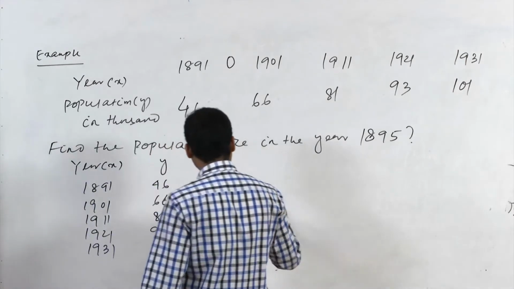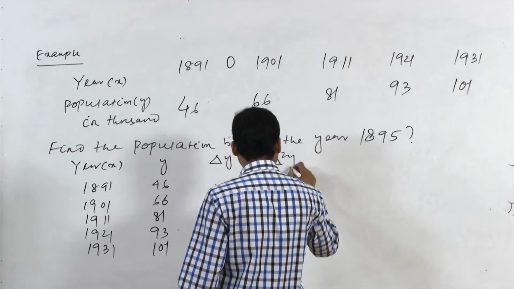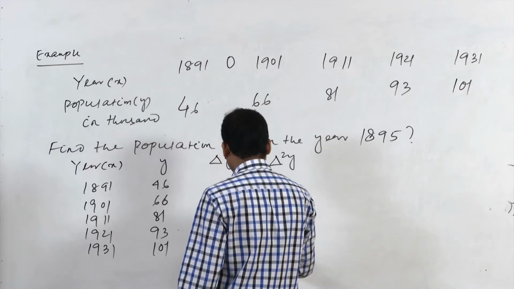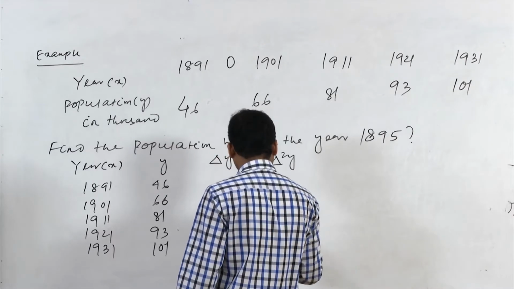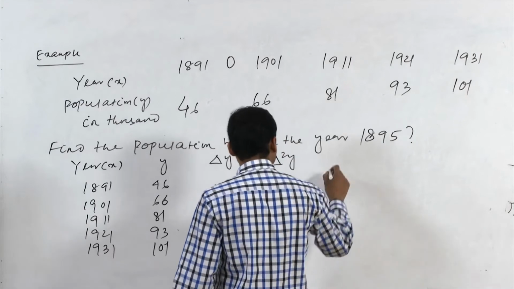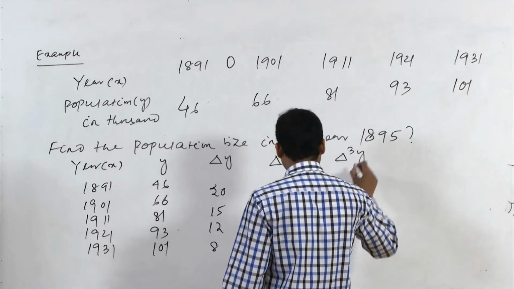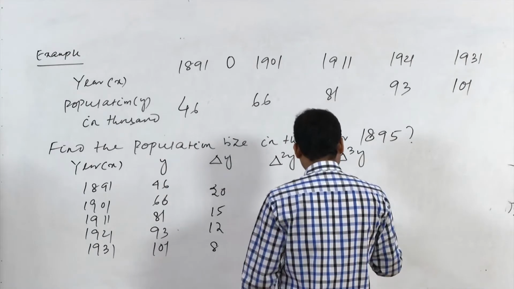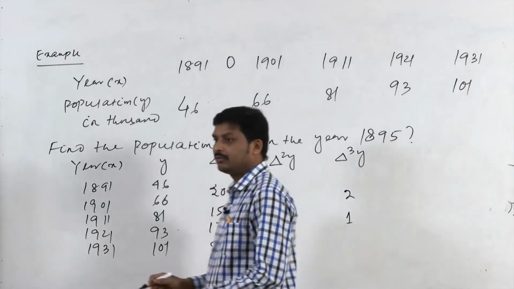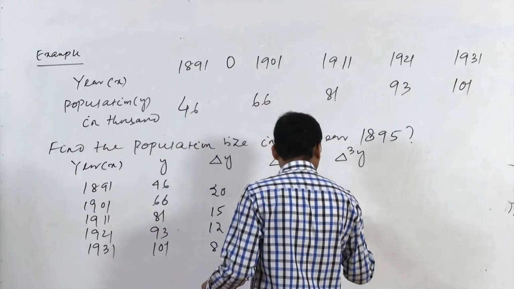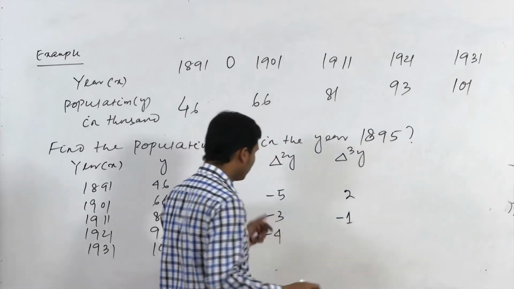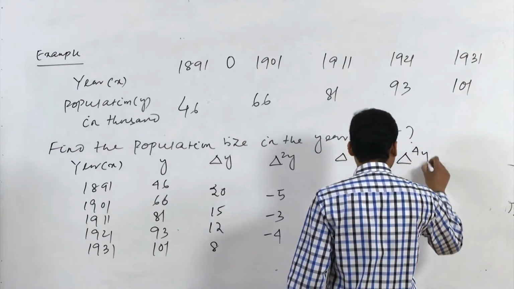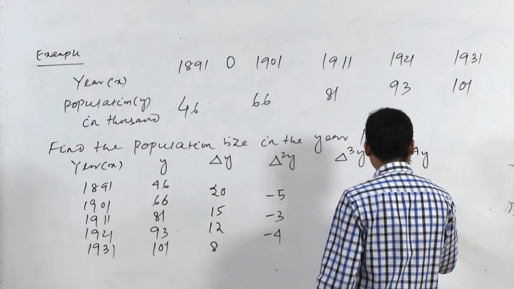For the second differences, del square y: minus 5, then minus 3, then minus 4. For the third differences: 2, then 1. Sorry, this is minus 1, minus 4, so this is plus 3. Then the final difference, del 4 y, is minus 3.